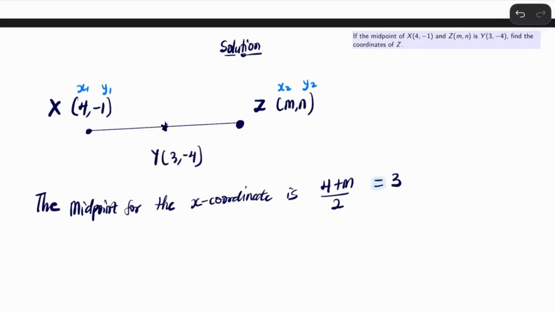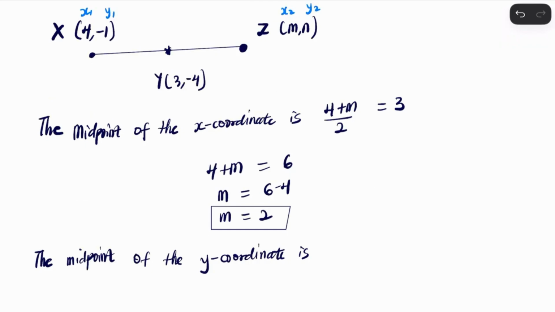Now let's solve for m. So you cross multiply, so you're going to have 4 plus m is equal to 6. So m is equal to 6 minus 4. Hence m is equal to 2. Now let's solve for the y coordinates. The midpoint of the y coordinate is, so you add the y coordinates, then we divide by 2.